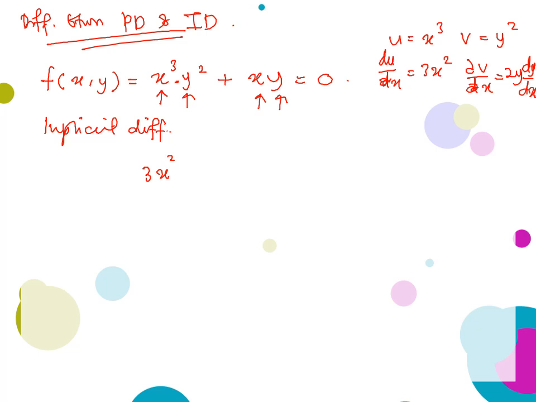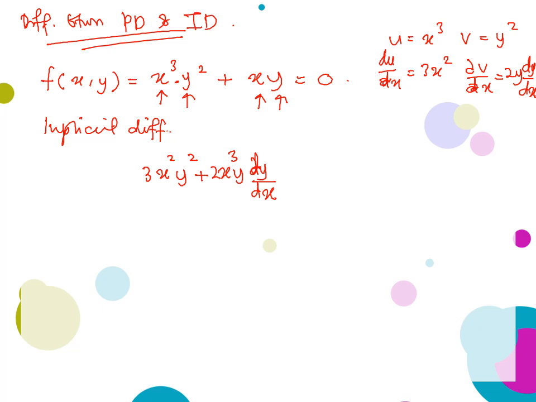So what you will get here is 3x squared multiplied by y squared plus x cubed times 2y dy dx.